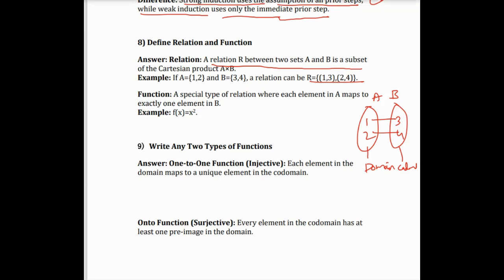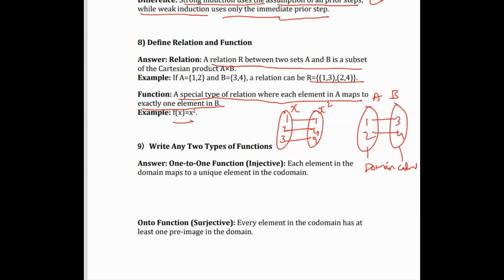Then a function is a special type of relation where each element in A maps to exactly one element in B. For example, f of x is equal to x square. If x is 1, 2, 3, what will be the square of 1? 1. Square of 2, 4. Square of 3, 9. So every element of the domain is connected with an element in the codomain.